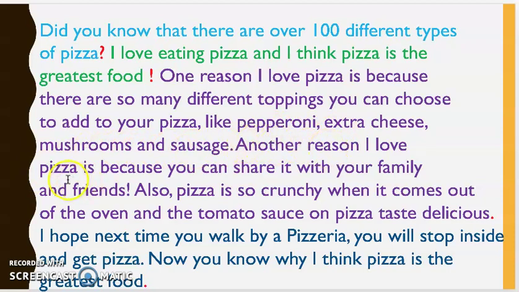Another reason I love pizza is because you can share it with your family and friends. Also, pizza is so crunchy when it comes out of the oven, and the tomato sauce on pizza tastes delicious. I hope next time you walk by a pizzeria, you will stop inside and get pizza. Now you know why I think pizza is the greatest food.